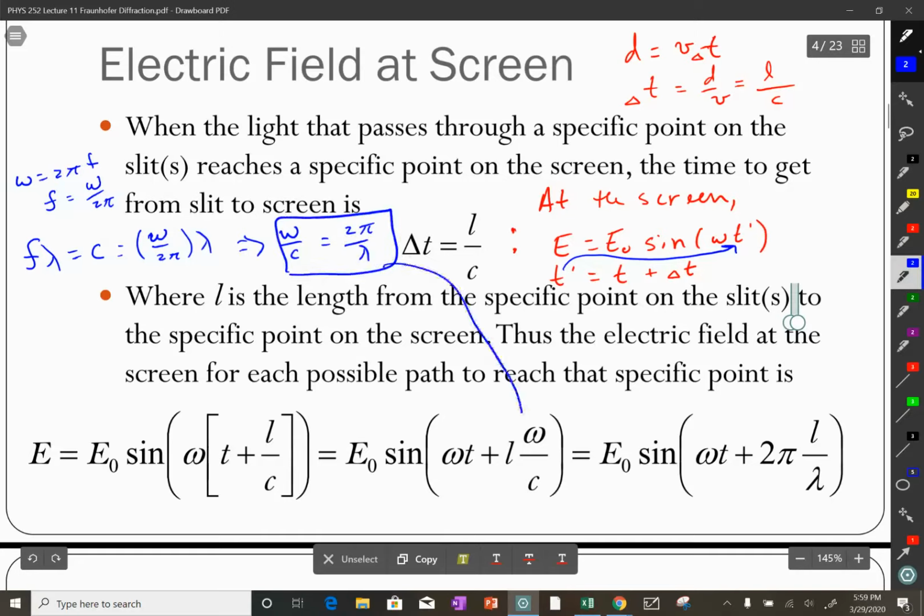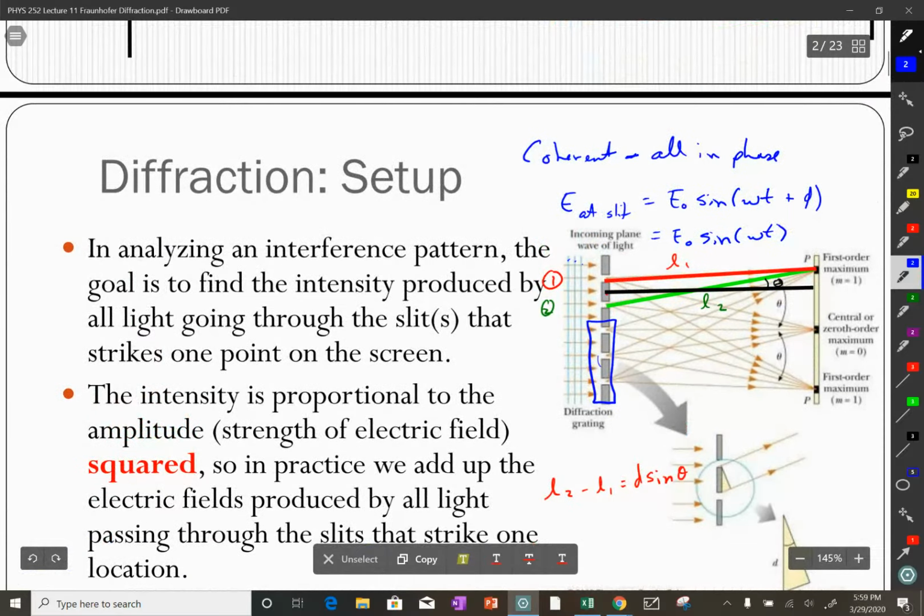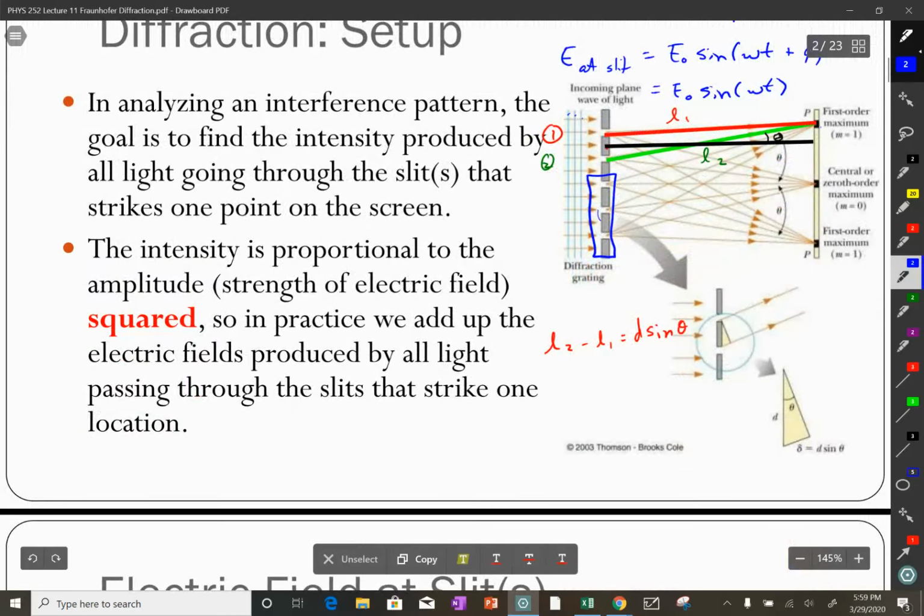So I plug that in for the omega over c right there, and I have the electric field at point P on the screen is going to be E0 sine of omega t plus 2 pi L over lambda, where L is L1 or L2, depending on which slit I went through. Now, of course, at the screen, light from slit 1 and slit 2 meets together, and so the electric field at point P is equal to electric field from 1 plus electric field from 2.